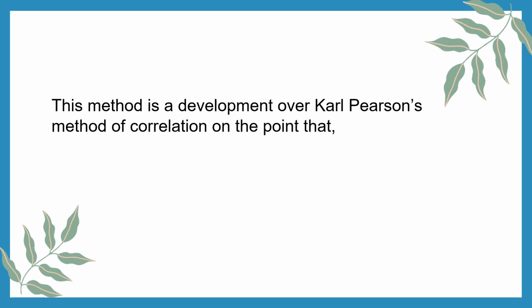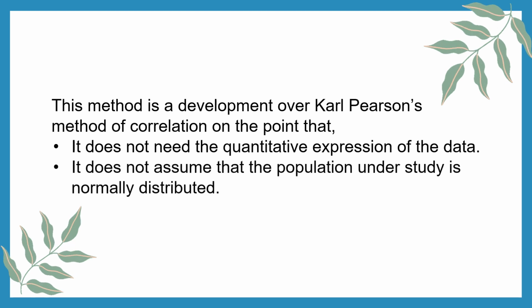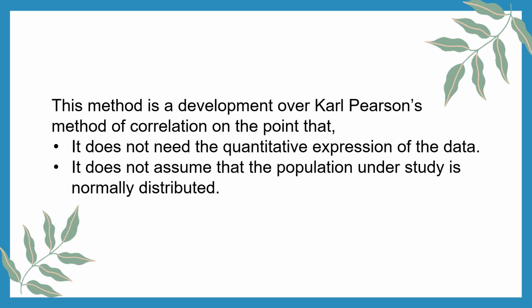This method is a development over Karl Pearson's method of correlation on the point that it does not need quantitative expressions of the data. It does not assume that the population under study is normally distributed.